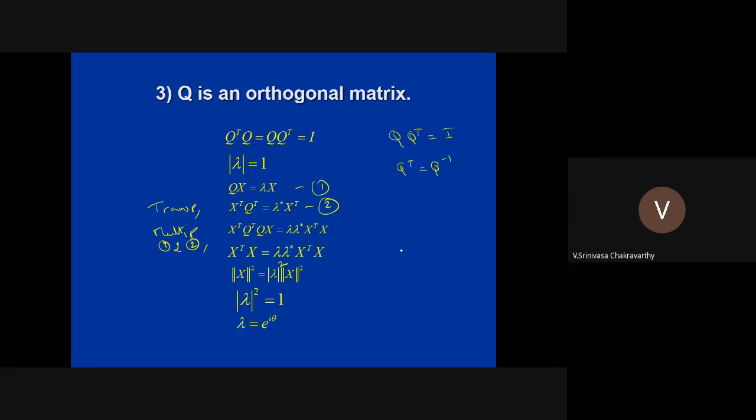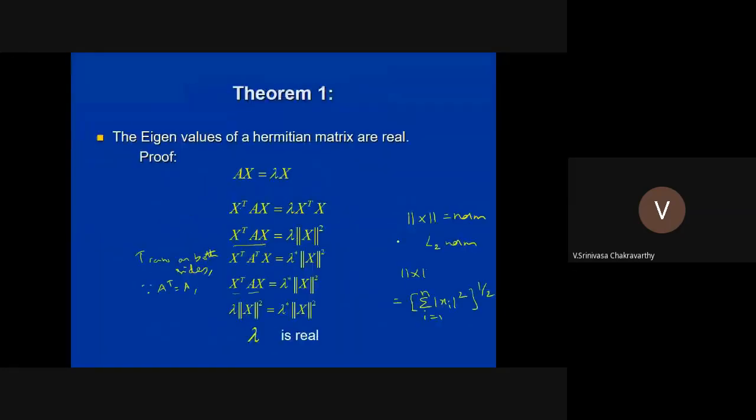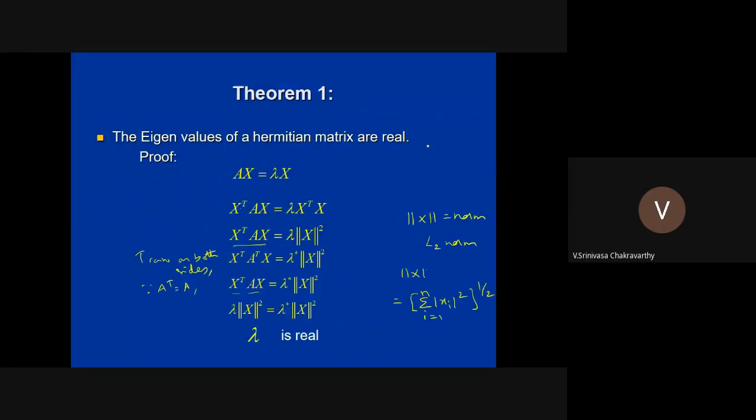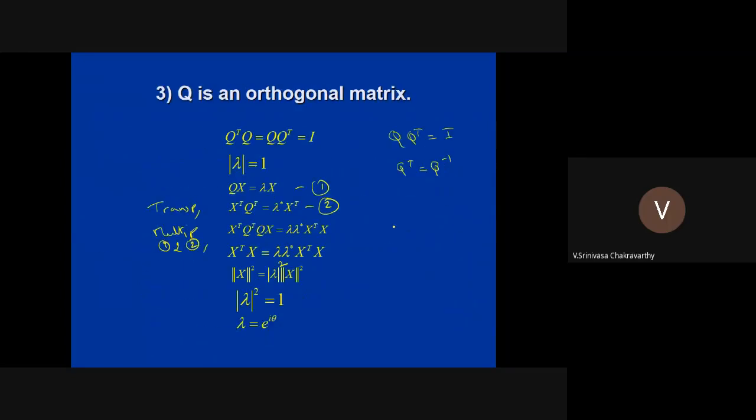So, to summarize these three results, if you look at theorem 1, I'll put all the eigenvalues together in this picture. So this is the real axis. This is the imaginary axis.